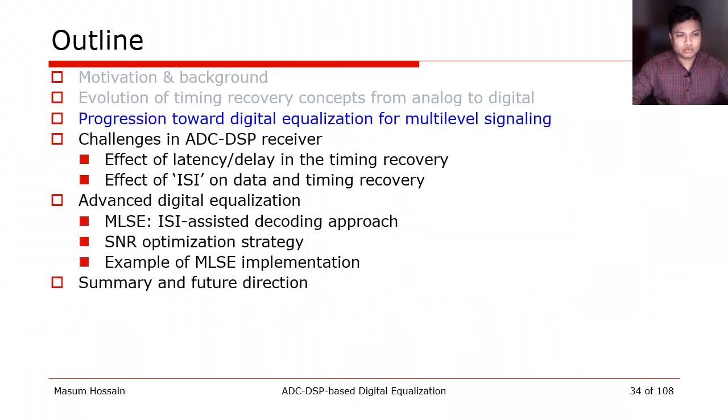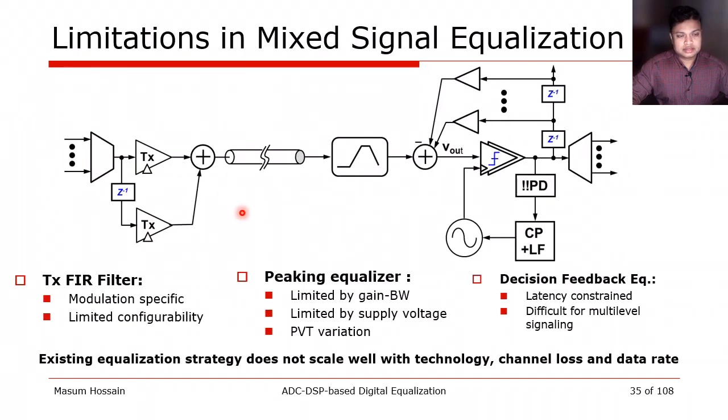Now let's see why and how analog equalization moves to the digital domain. Here is our state-of-the-art analog equalization strategy, but let me point out some of its limitations. Starting from the transmitter side, the transmitter segments and delay elements are fixed. That means in terms of modulation and number of equalization taps, we have no flexibility.